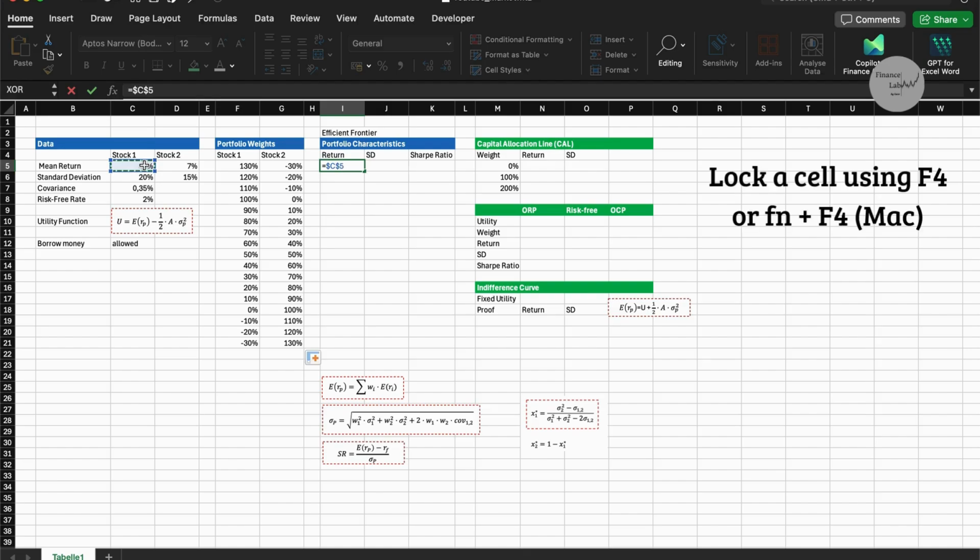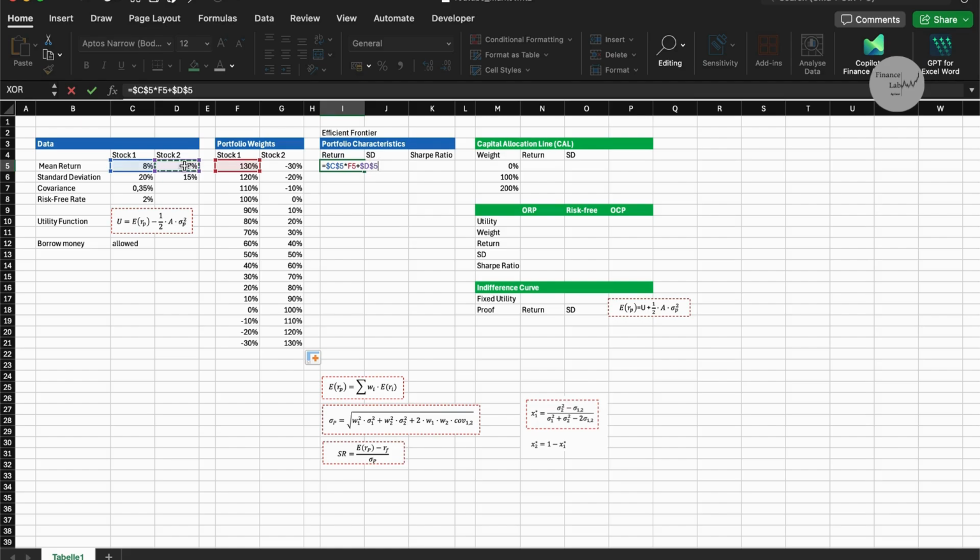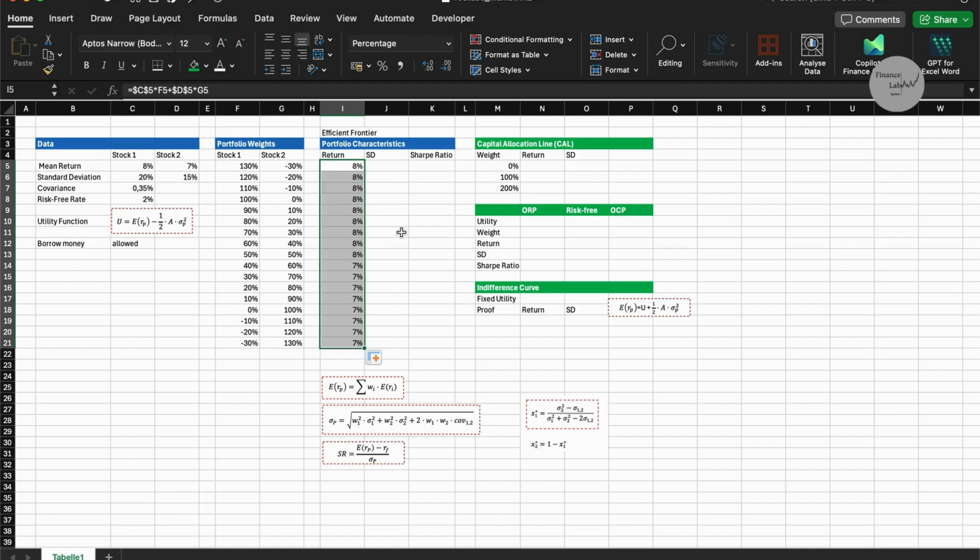We have to lock the cell times the weight of stock 1 plus the mean return of stock 2. Also lock this one using F4 times the weight of this stock. Now we can just double click on this point right here. Oh, we can't. And we have a few returns computed.